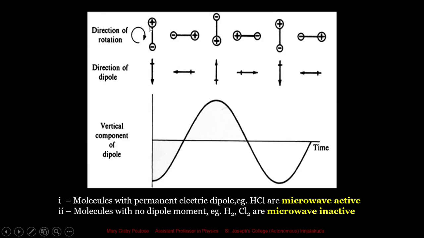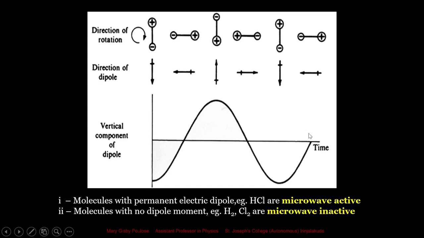And when these molecules are excited and happen to rotate, the direction of the dipole will continuously change, right? We see the dipole rotating here. First it was like this, then it rotated, then it rotated again. In all these cases, the direction of the dipole is changing. When its direction changes, we see that the energy of the dipole is also changing.